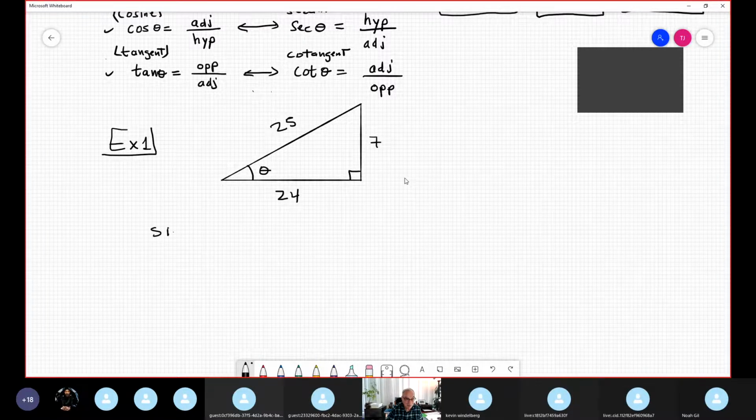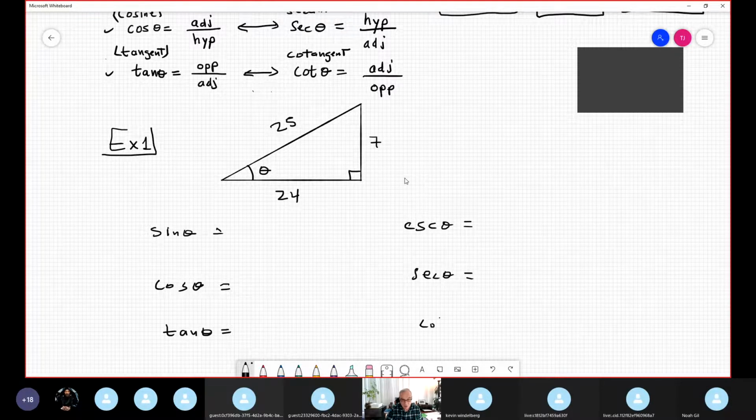sine theta, cosine theta, tangent theta, cosecant theta, secant theta, and cotangent theta. According to the definition, sine is opposite over hypotenuse, 7 over 25.